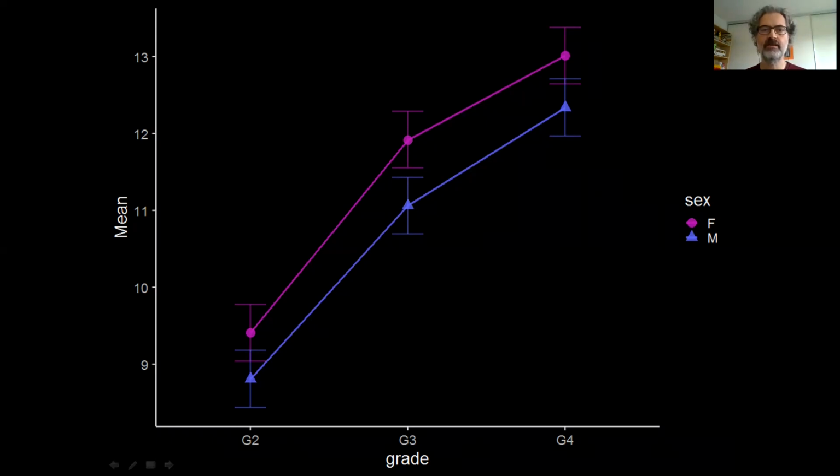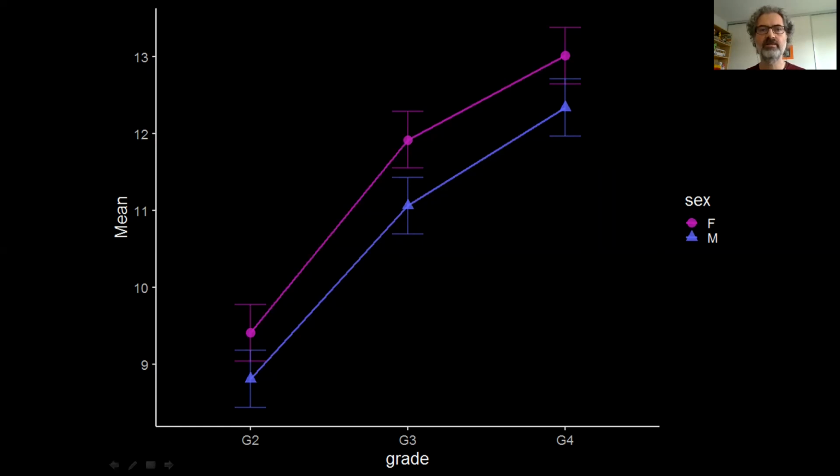So is the effect of one variable different across levels of the other variable? Here, is the difference between sexes the same across grades? Or is the difference between grades the same for boys and girls? That's like asking, do girls and boys grow equally in reading comprehension across these three grades?